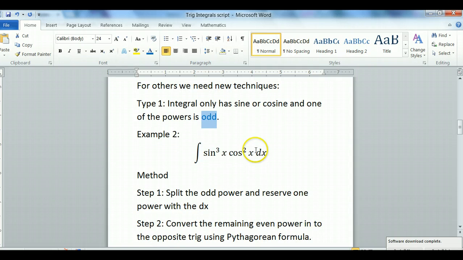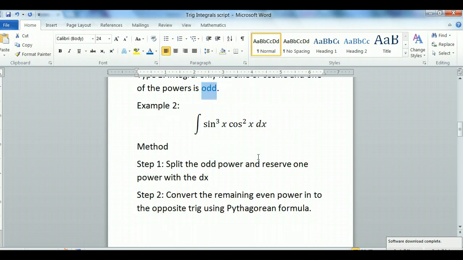What we do is, we first look at that odd power. So in this case it is sine cube, and what we are going to do is split the odd power into 2, and take away one of the sine x's, only one of the sine x's. So sine cube is split as sine squared and sine x, and I will take one of the sine x and throw it right to the end and reserve it with dx.